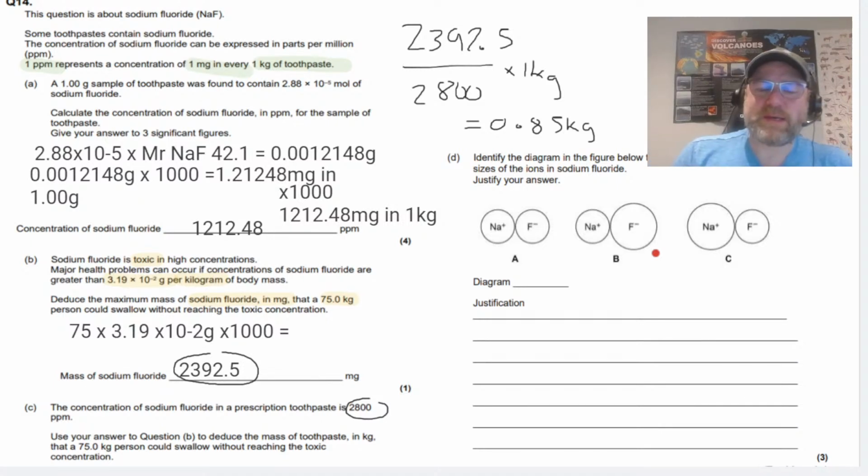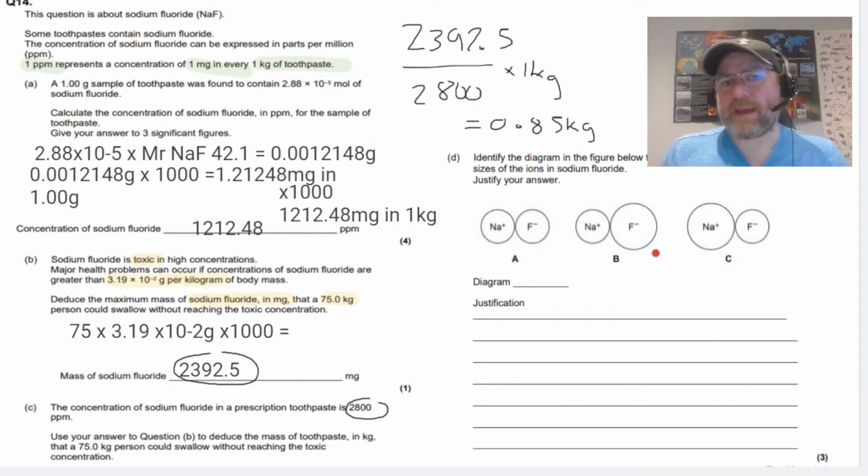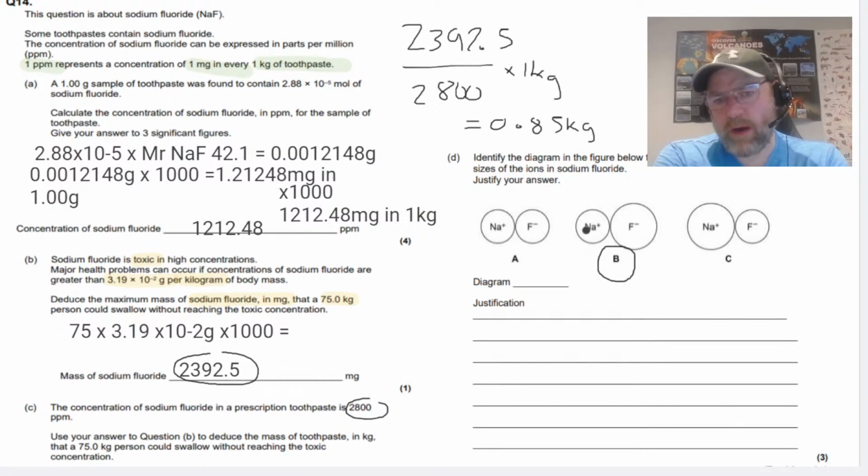This means sodium will have a stronger nuclear charge and pull those outer electrons in closer, making its radius smaller. So our answer here, guys, is going to be B. I would expect the sodium ion to be smaller than the fluoride ion.